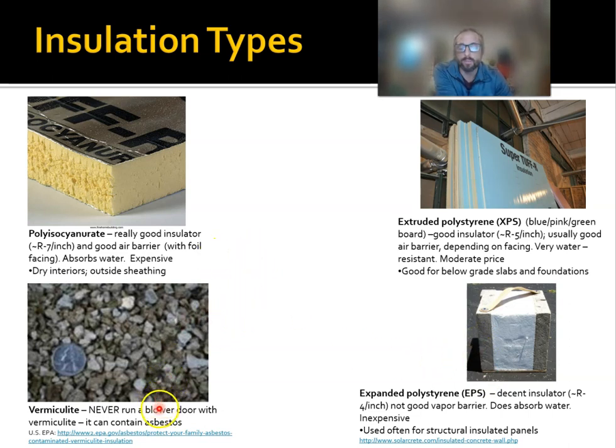And then vermiculite, which is not foam board. Obviously, it looks like this. It's like little popcorn, smaller than popcorn. Believe it or not, this is actually a rock that you heat up and it expands. If you've ever bought potting soil for a potted plant, the little white things in it, that's vermiculite.